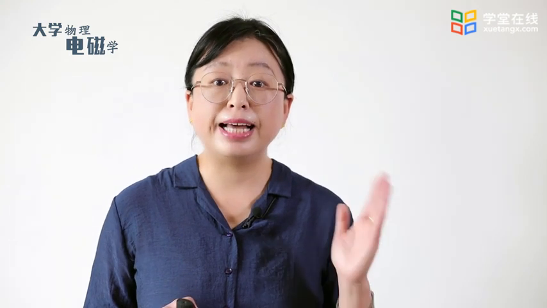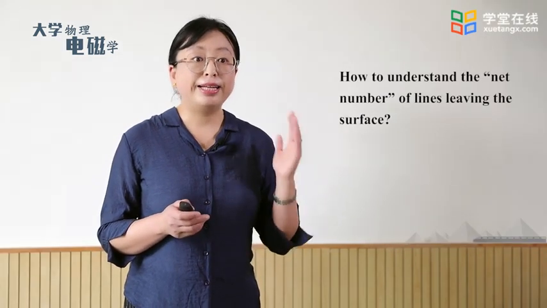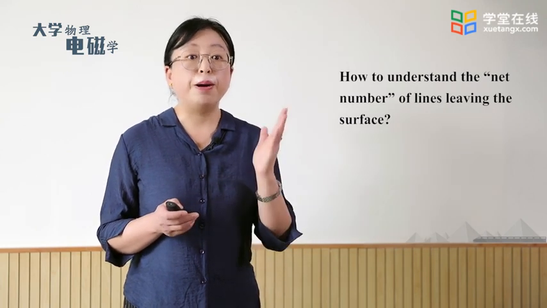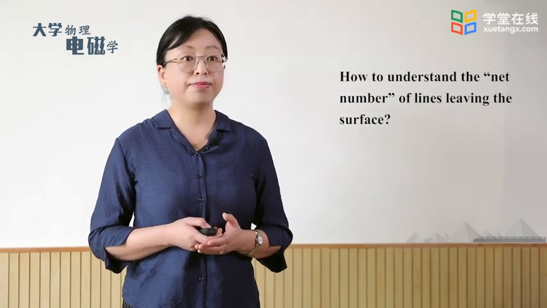Based on the discussion above, in order to determine the flux through any closed surface, we must know the net number of lines leaving the surface because the net flux through the closed surface is proportional to the net number of lines leaving the surface. Then, what does the net number mean? The net number means the number of lines leaving the surface minus the number of lines entering the surface.